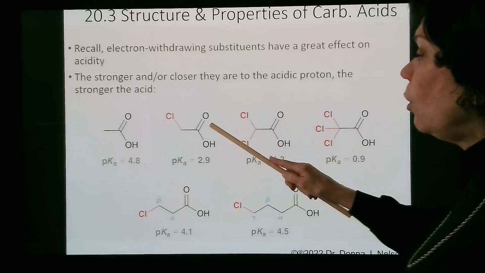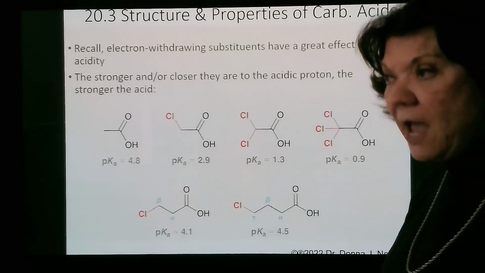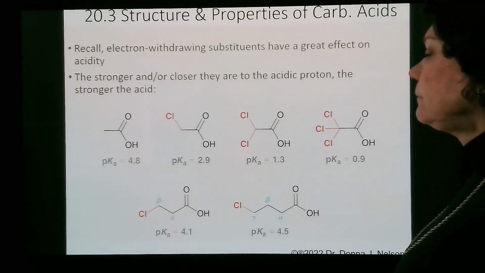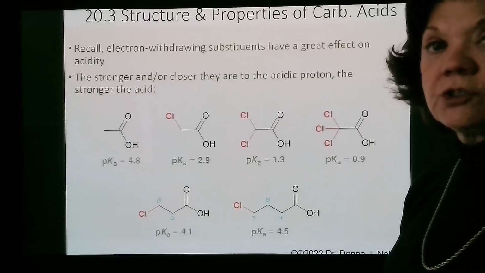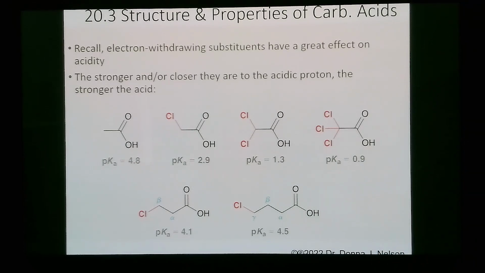So as the chlorine moves farther away, you would expect it to have a reduced impact on the proton. And that is exactly what is observed.